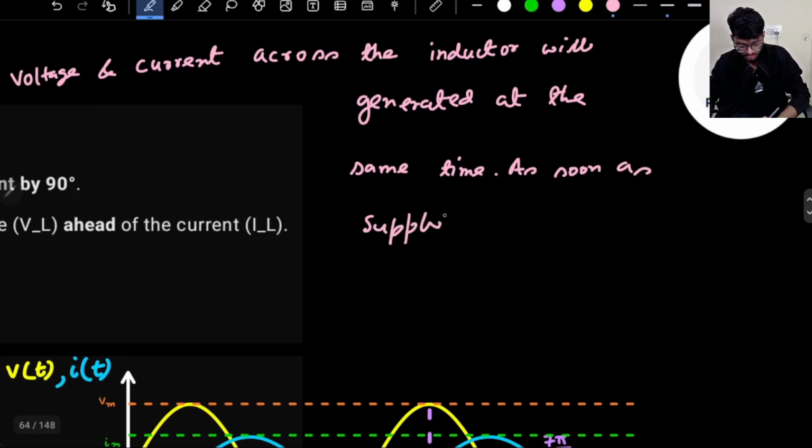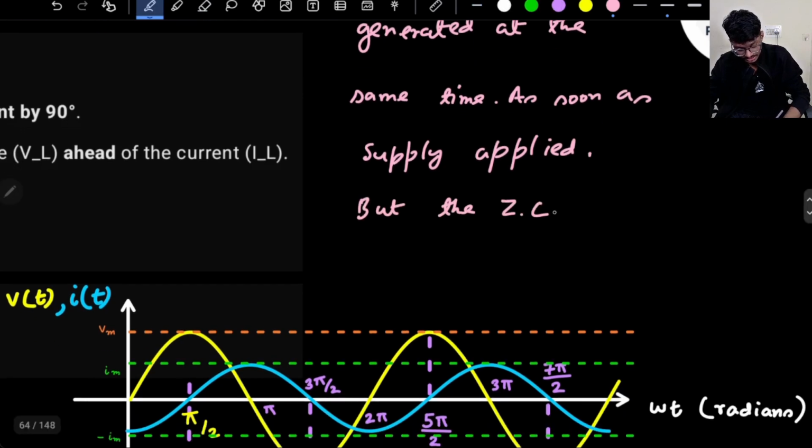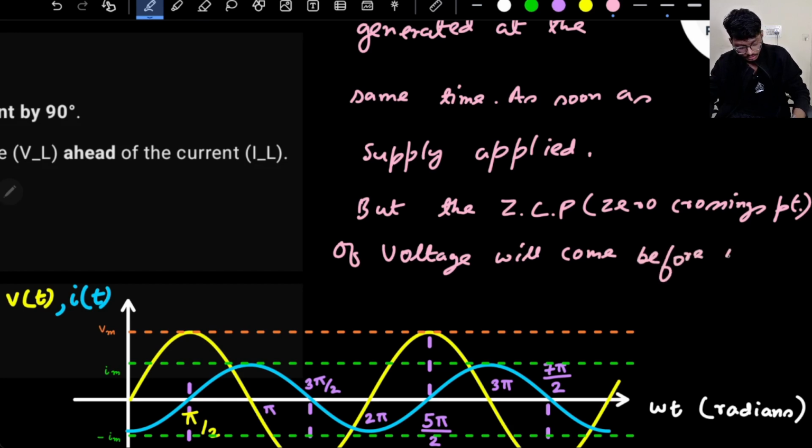Either voltage source or current source, it does not matter. As soon as supply is applied, the voltage and current waveforms both will be generated at the same time. But the zero crossing points, ZCP, of voltage will come first, before the current, or you can say the peak values come before the inductor current.